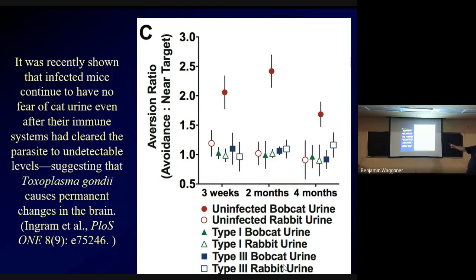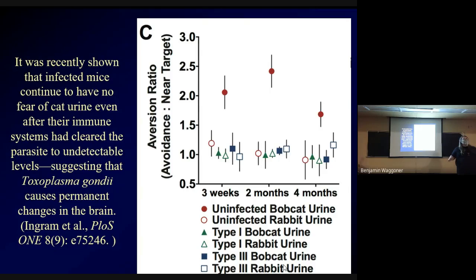So here, what you're looking at is, on the y-axis, aversion ratio is the ratio of time spent away from some urine to time spent close to it. The rats don't show any particular aversion.